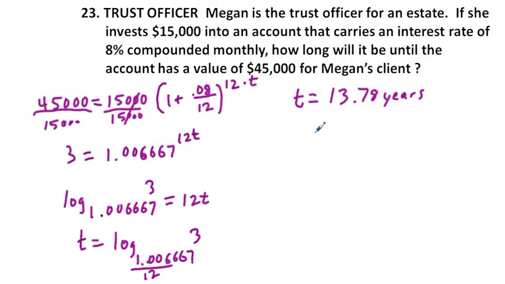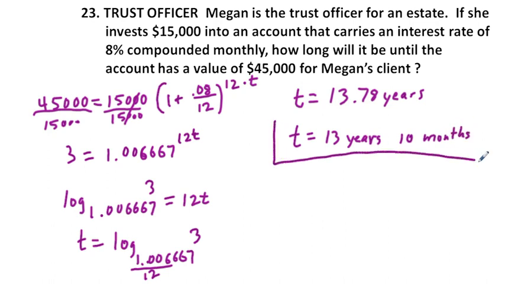So for this, we'll have t equals 13 years, 10 months. So that's how long we're going to need for Megan's client to achieve that kind of growth at that percentage rate.